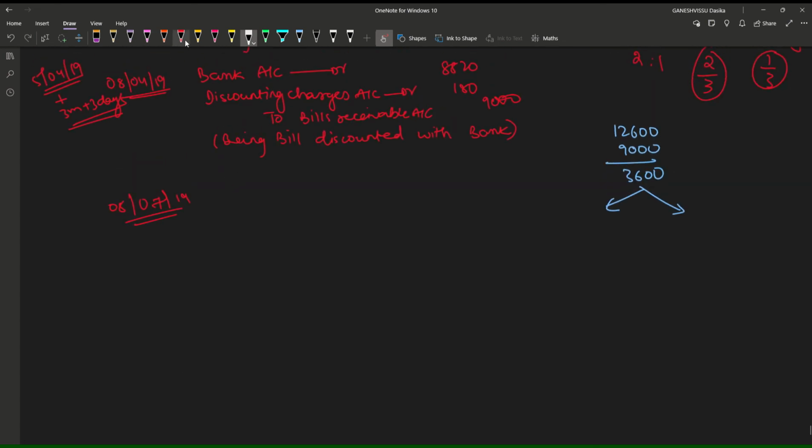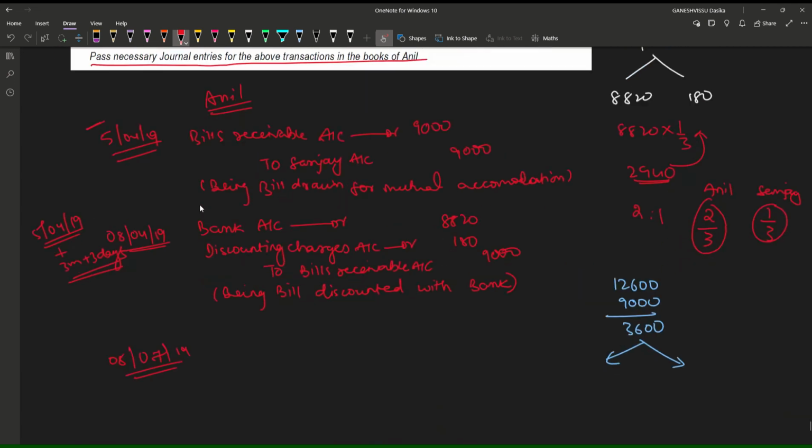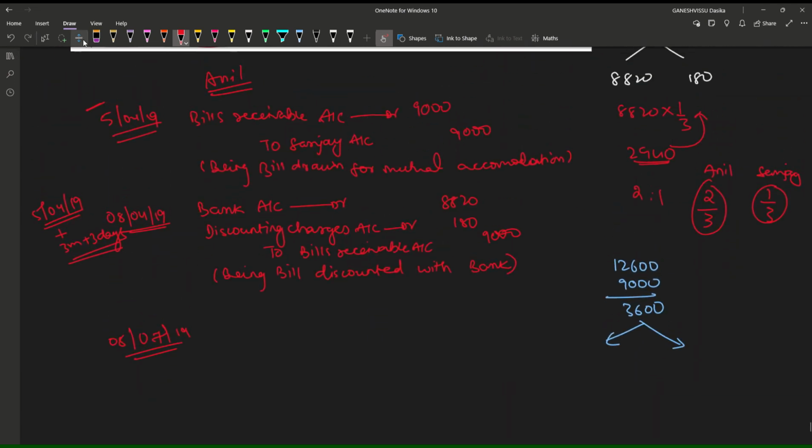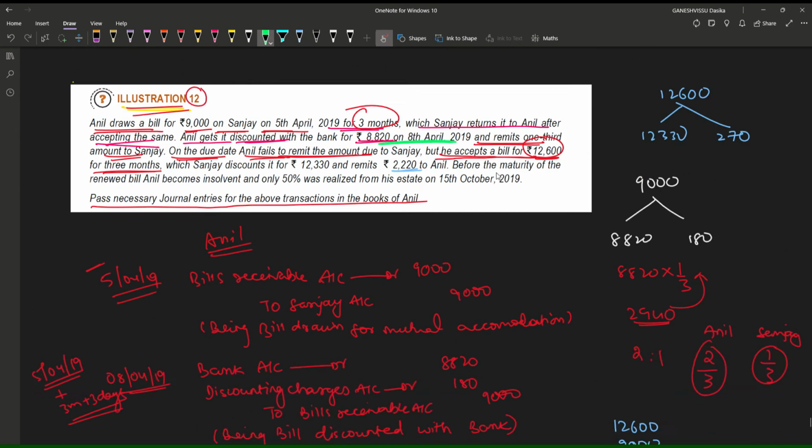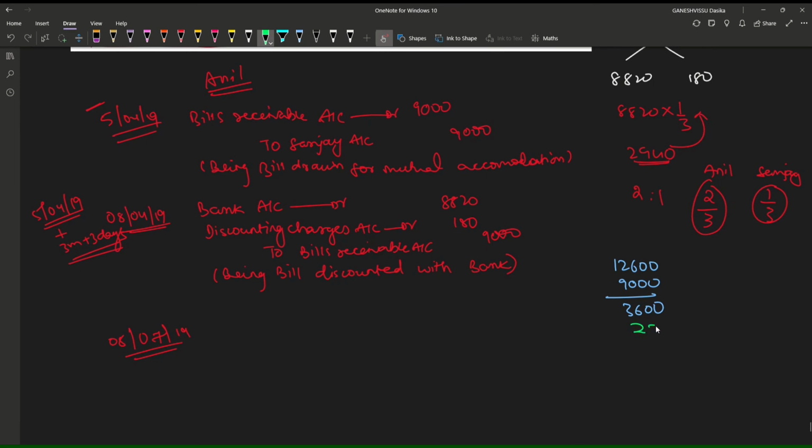Okay, what happened now on this date? Let us now calculate out of this 3,600. Out of this 3,600, what is the amount of discount which has been there here? 270 is the discount which is to be subtracted. 3,330 is the amount which has been received.